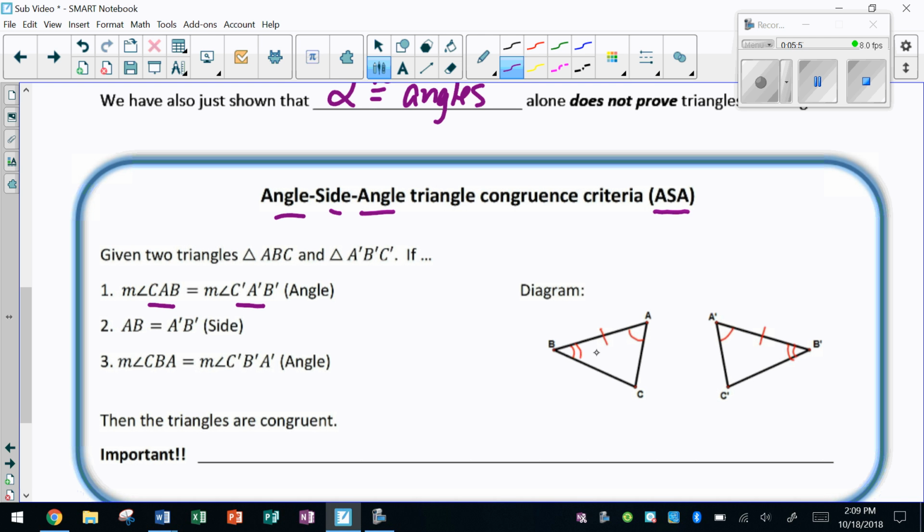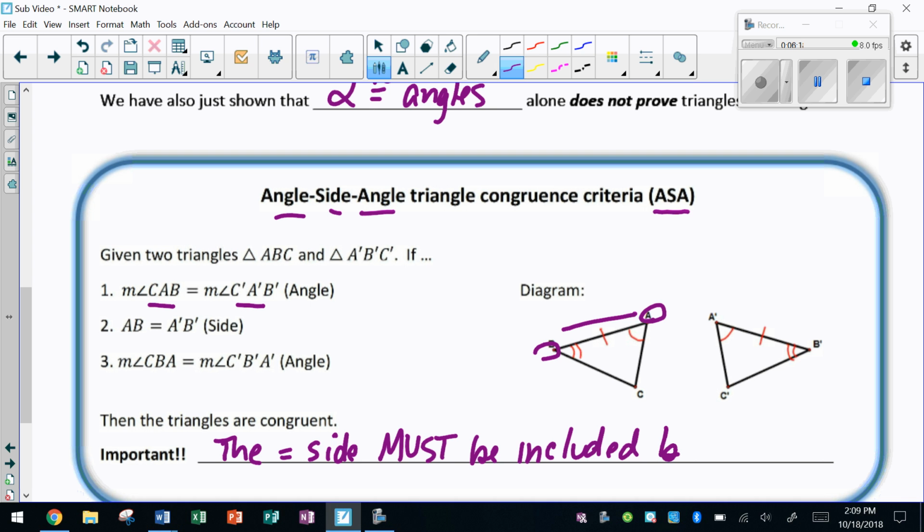Now it is important that the congruent side must be included between the two congruent angles.